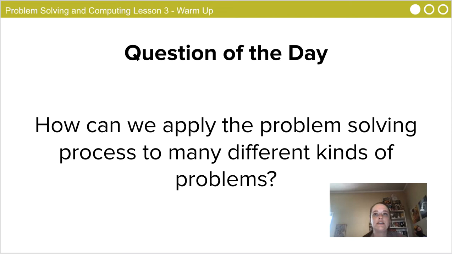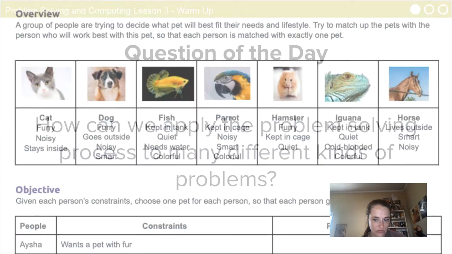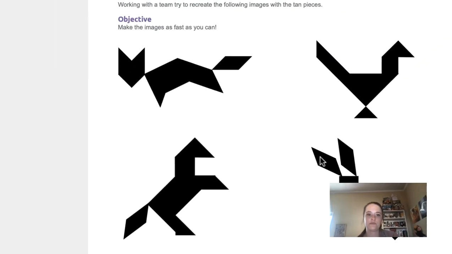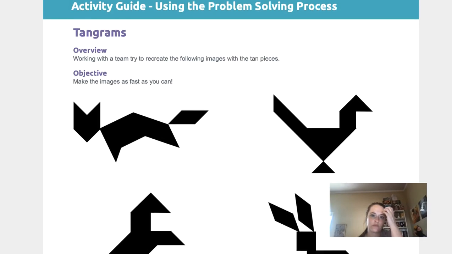What you're going to need to do at this point is download the activity guide and pull that up. You're also going to need to click on the link in the assignment post to get Tangrams. So Tangrams are a little activity.